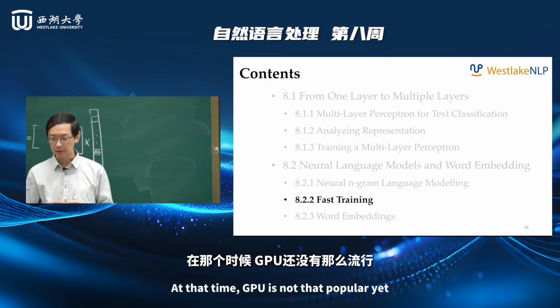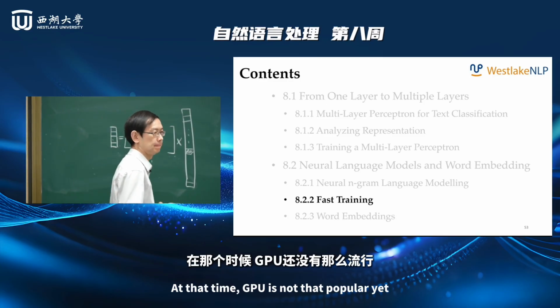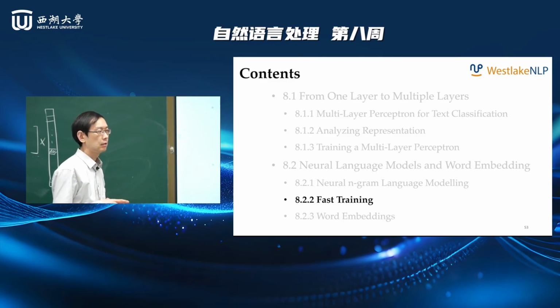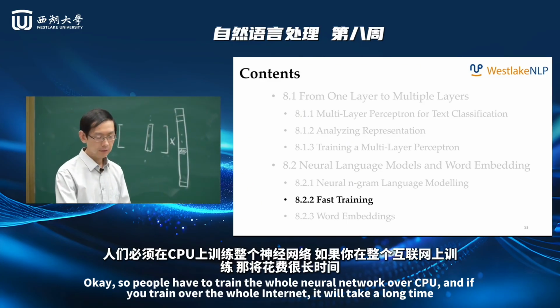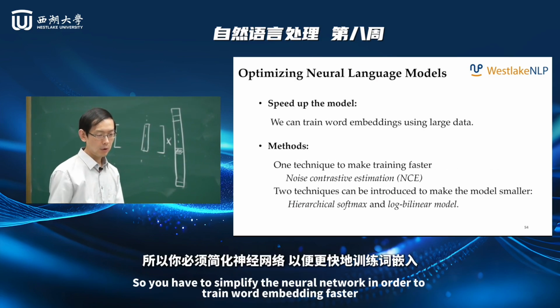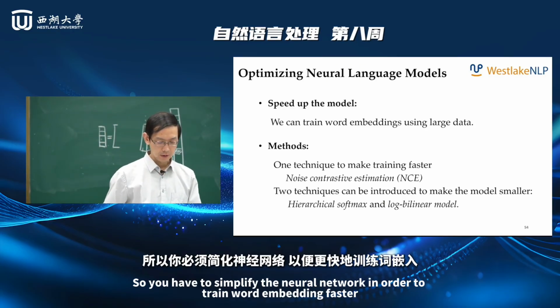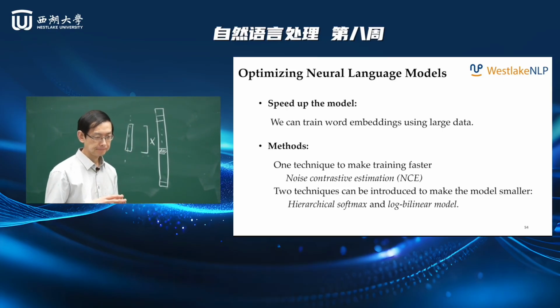At that time, GPU was not that popular yet, so people had to train the whole neural network over CPU. And if you train it over the whole internet, it will take a long time. So you have to simplify the neural network in order to train word embeddings faster.